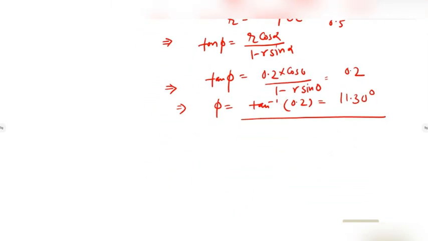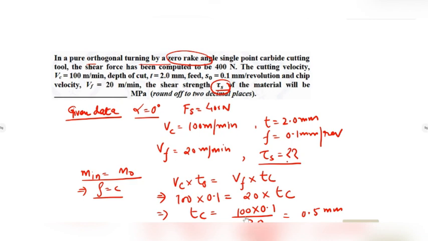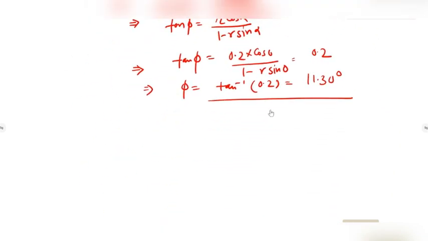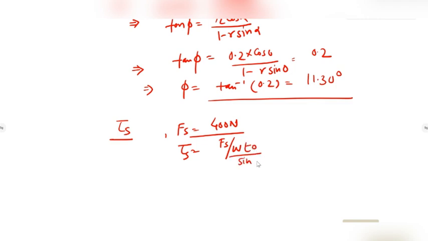Now we have identified the value of phi. So in the problem we have to find tau s. We have been given the value of Fs as 400 Newton. So tau s will be Fs divided by w t0 upon sin phi, which is the area of shear plane. So if this is the phi, this is the t0, so this will be the t0 by sin phi.